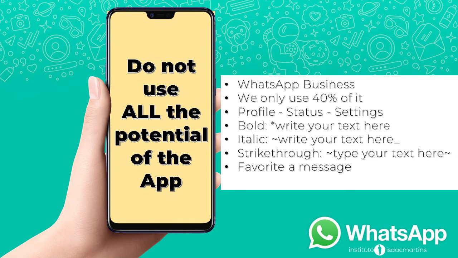Second, let's use 100% of the features that are available for WhatsApp Business, which are proper profile configuration, the use of statuses, especially using a technique that I will present during the training, which is the powerful status technique, and some settings like automatic messages, how to use all this infrastructure.